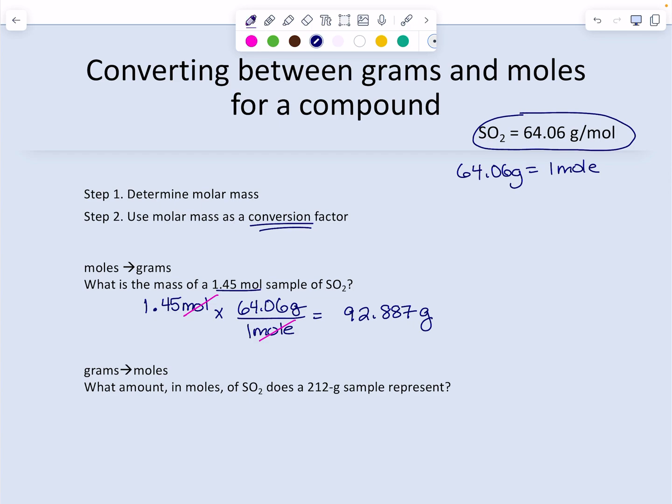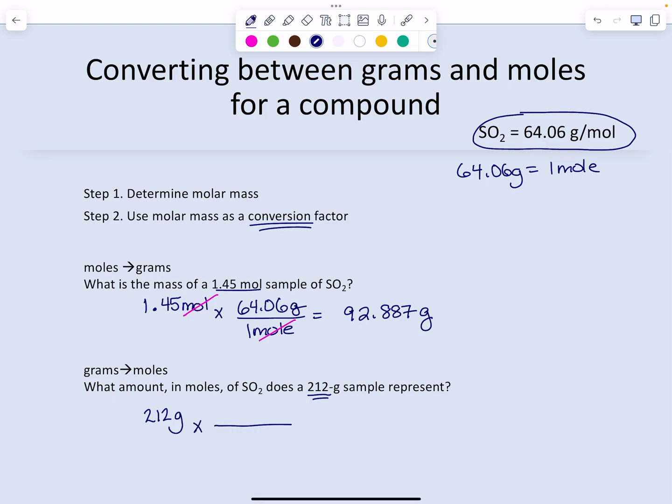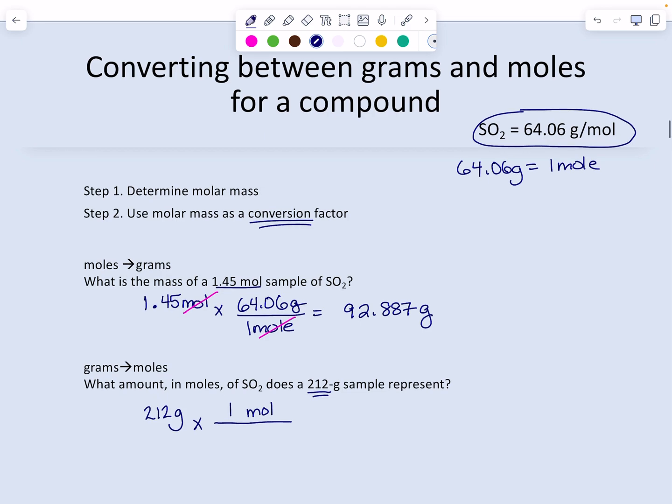All right, so now we're going to go in the other direction. We've got 212 grams, and we're going to multiply it by a conversion factor. We're using the same information, how much SO2 weighs, but in this case, we want to wind up with units of moles. So the mole is going to be on the top, and the grams are going to be on the bottom.